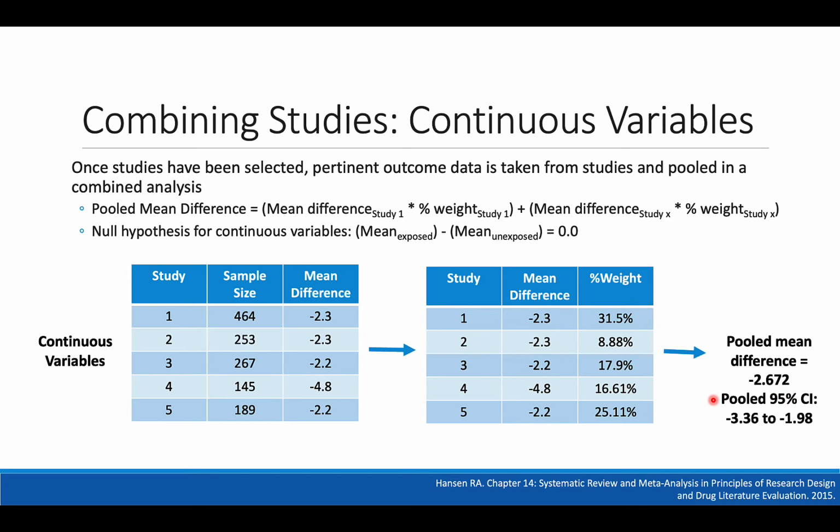And this time I pooled the 95% confidence interval, so that pooled confidence interval is from negative 3.36 to negative 1.98. I compare that confidence interval to the null value 0, and since my confidence interval does not contain 0, I can reject the null hypothesis and say that the pooled mean difference across these 5 studies, which is negative 2.672, is statistically significant.